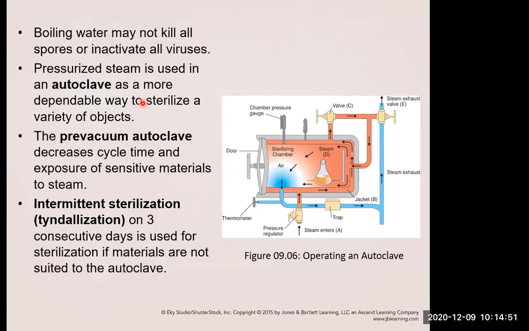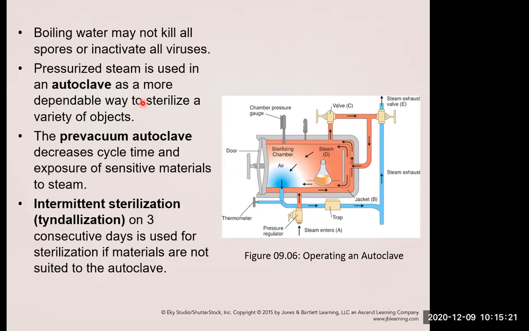There's a process called intermittent sterilization or tyndallization. This is going to require 3 days. Expose them to high heat for 30 minutes. Then you're going to put whatever it is in a growth chamber.